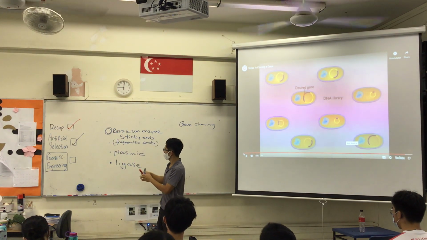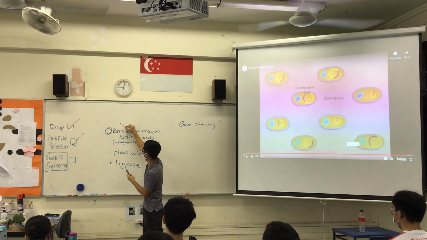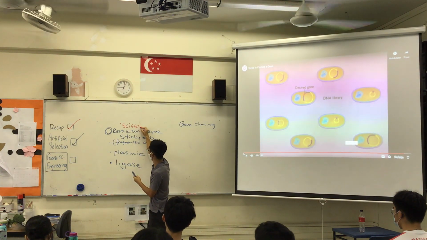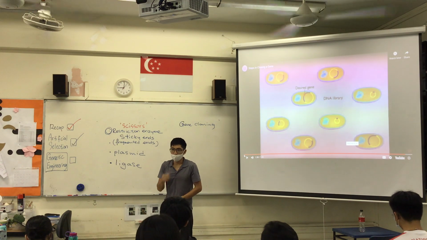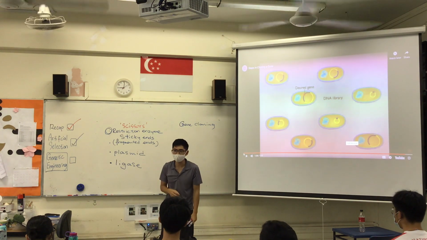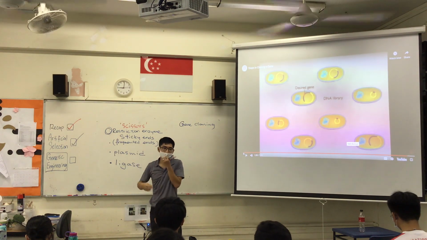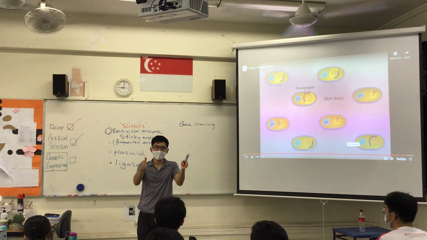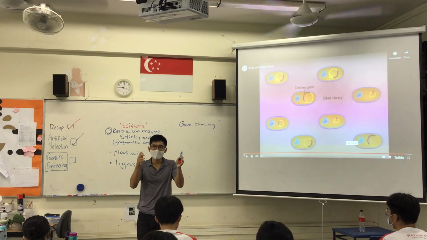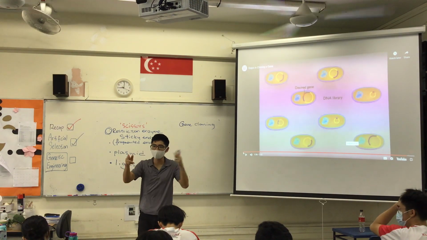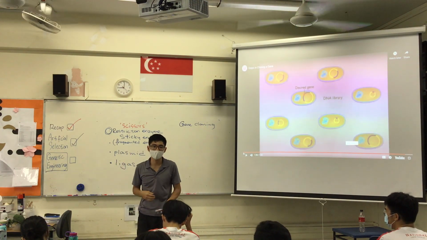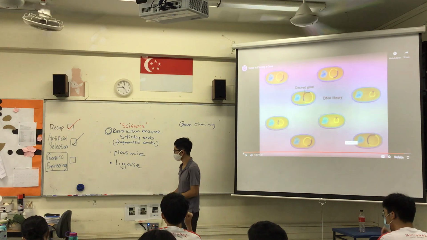Restriction enzymes. Think of them as scissors. And we have many kinds of scissors that can cut at different points. So if we want a particular gene, we look for where this enzyme can cut so that we can extract out this gene. We're going to try it out in a moment's time.